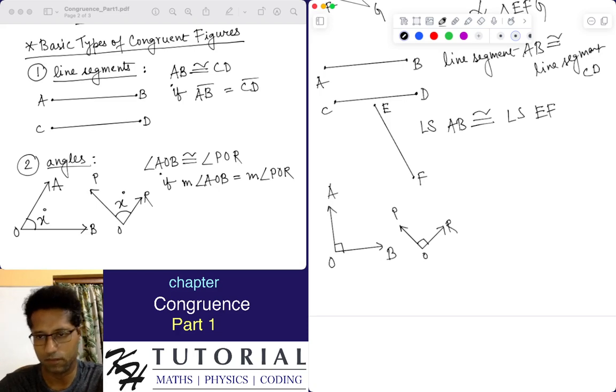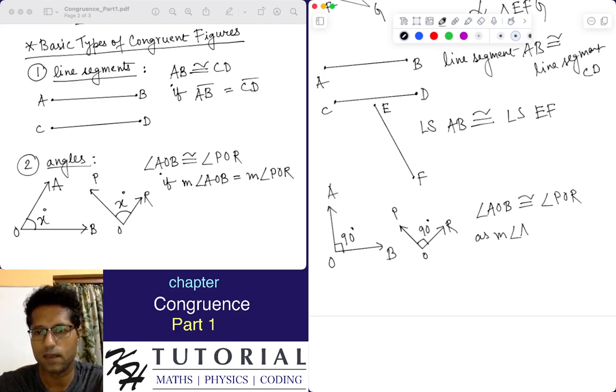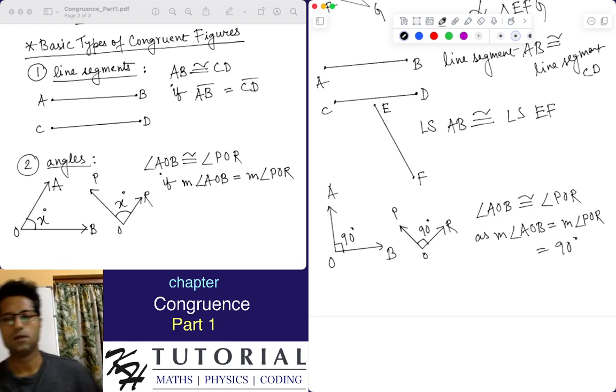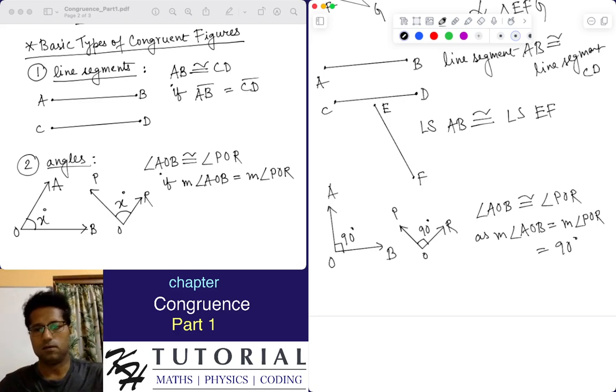So we can clearly see, since both angles measure 90 degree, angle AOB is congruent to angle POR, as the measure of angle AOB is equal to the measure of angle POR, which is equal to 90 degree. So the measure of the angle must be same, then only two angles are congruent.